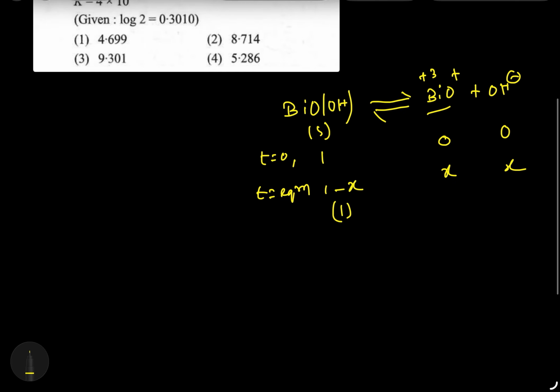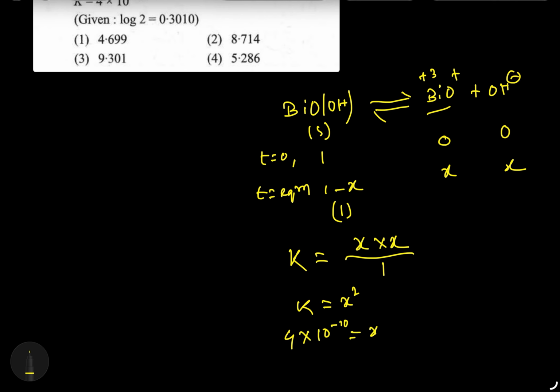So we just have to write the equilibrium constant formula, right? Which is K equals products by reactants. So it will be x into x divided by the concentration of the solid. What is the concentration of the solid? This is 1, right? So K will be x squared, and the value of K is given here, which is 4 into 10 to the power minus 10, equal to x squared.